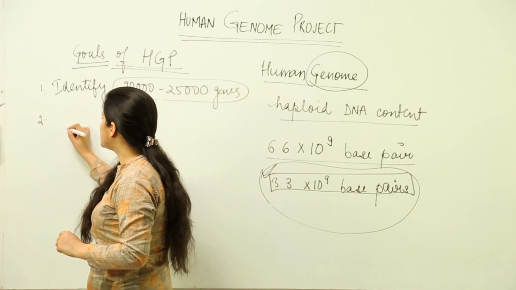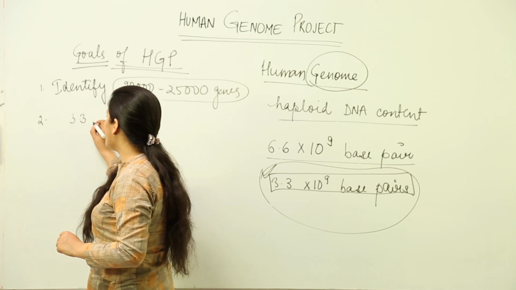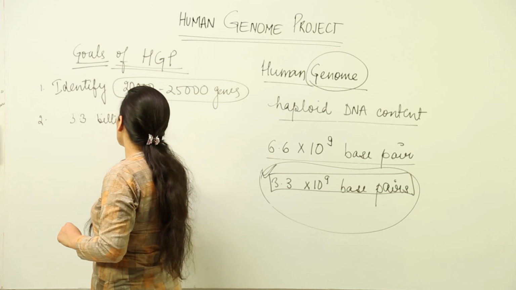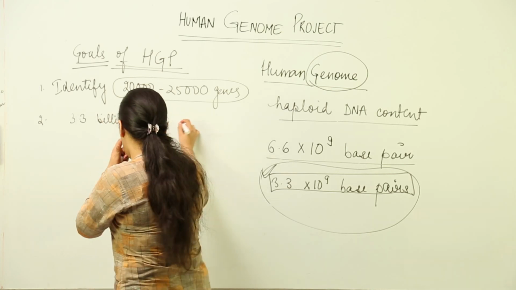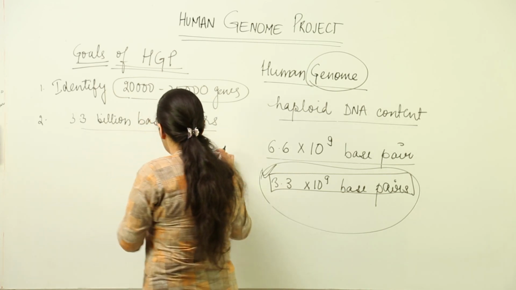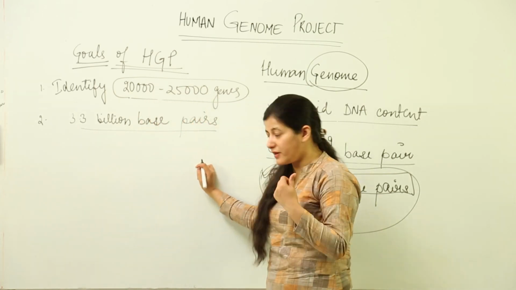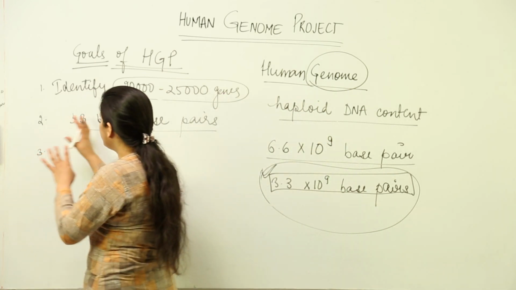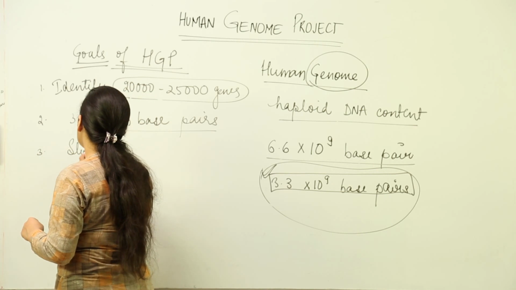The second aim was to find out the 3.3 billion base pairs, what they are. They were to be coded. Okay, they were to be found out: how many base pairs are there and what kind of base pairs are there. Then the third aim was to store this information.